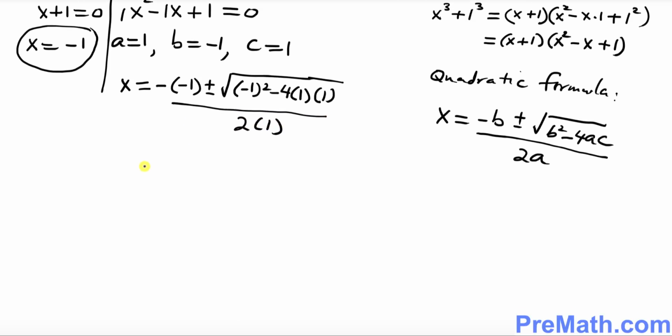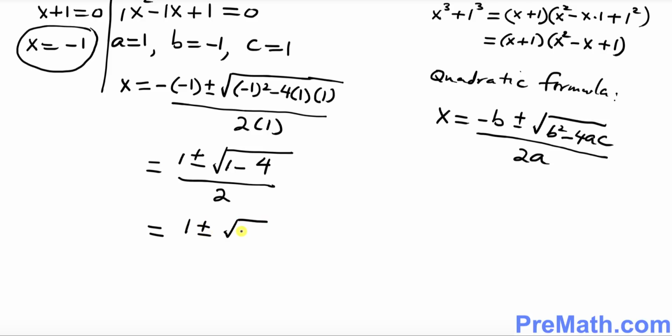So let's simplify. Negative b becomes positive 1, plus or minus the square root of negative 1 squared, which is 1, minus 4 times 1 times 1, which is 4, divided by 2 times 1, which is 2. That gives us 1 plus or minus the square root of negative 3, divided by 2.